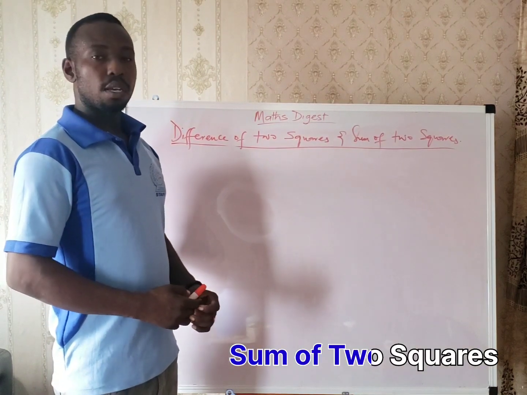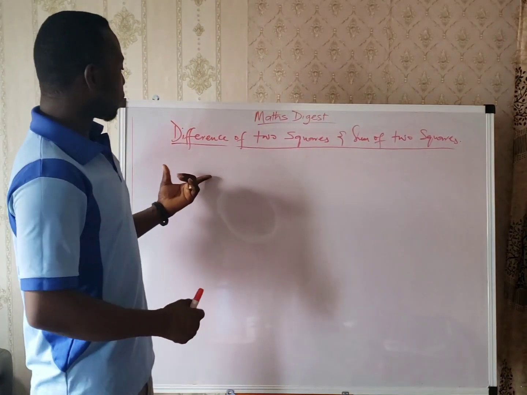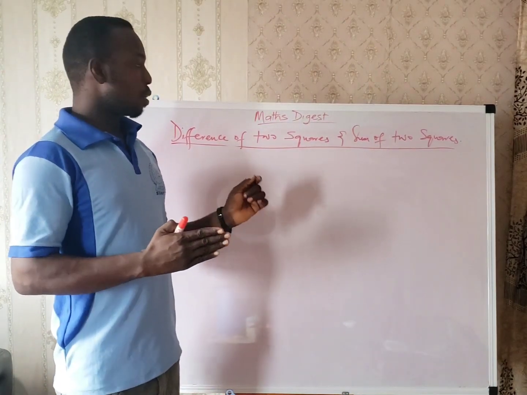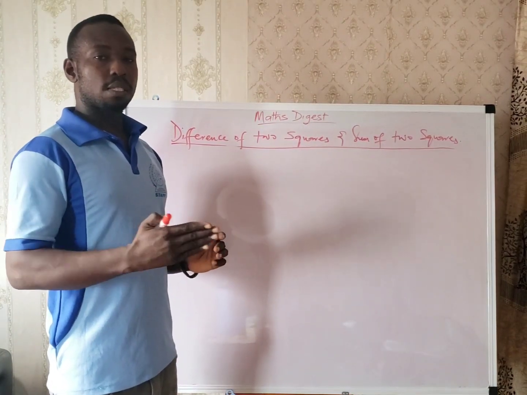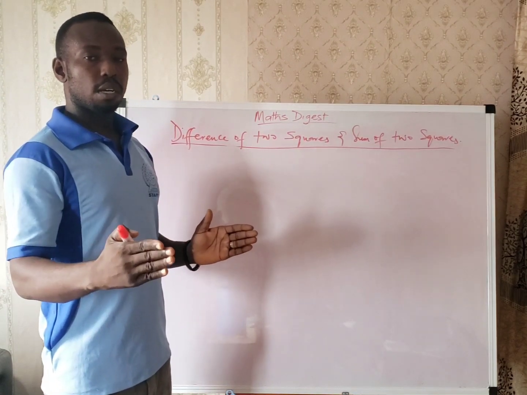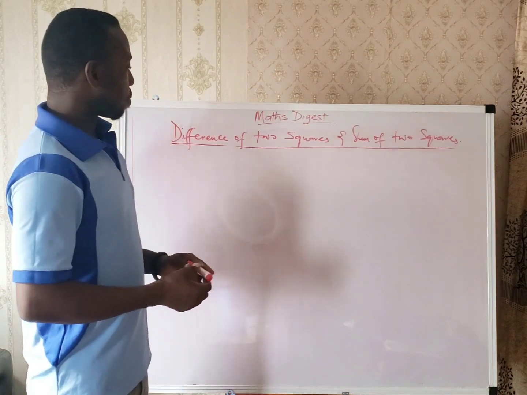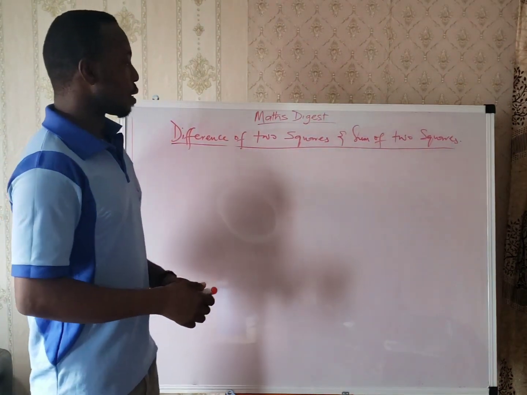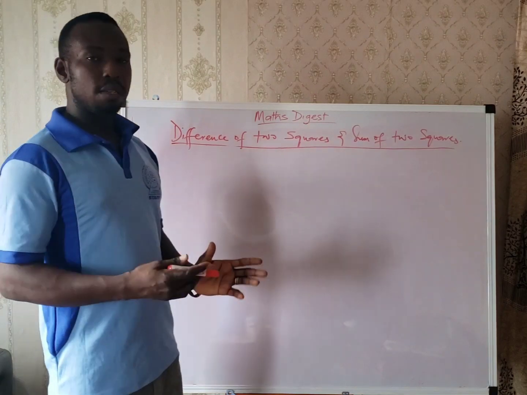Today we are looking at the topic difference of two squares and sum of two squares. In mathematics, when you talk about difference, you simply mean a number that subtracts another number. When you talk about square, it means a particular number multiplying itself.